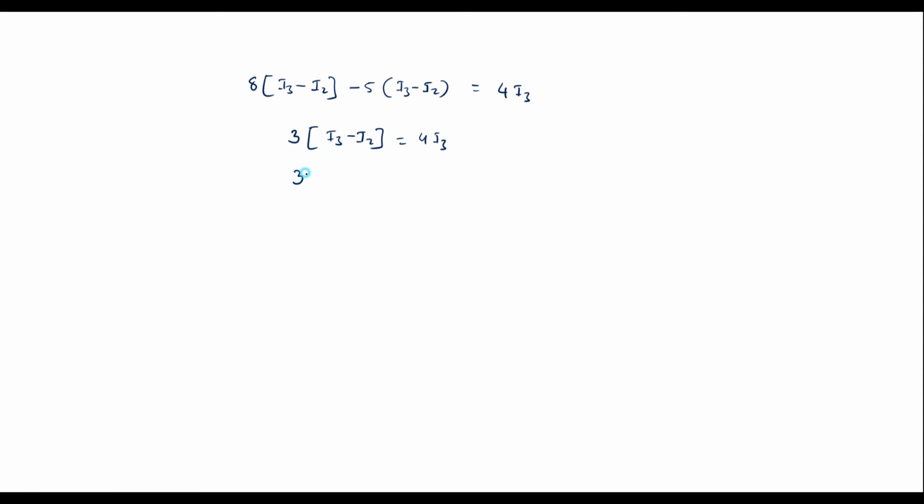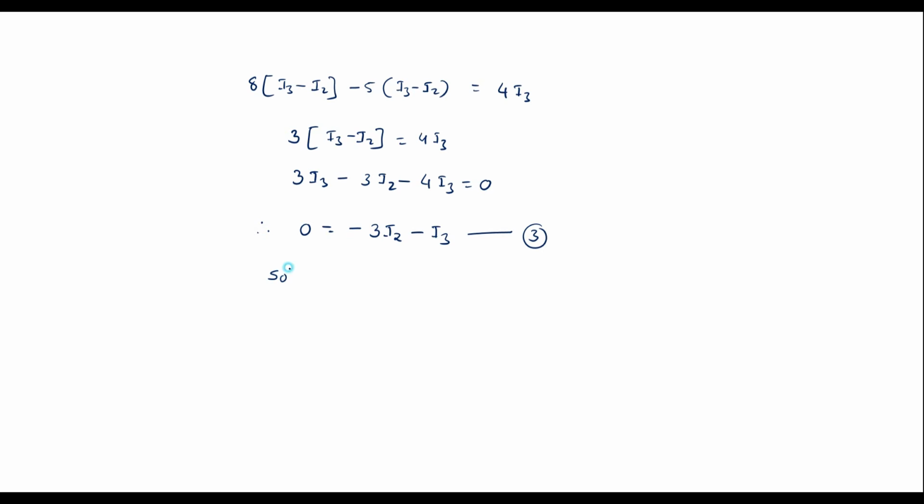Let me simplify. That is 3 I3 minus 3 I2 minus 4 I3 is equal to 0, or I can write 0 is equal to minus 3 I2 minus I3, since 3 minus 4 is minus 1. Let me call this equation 3.